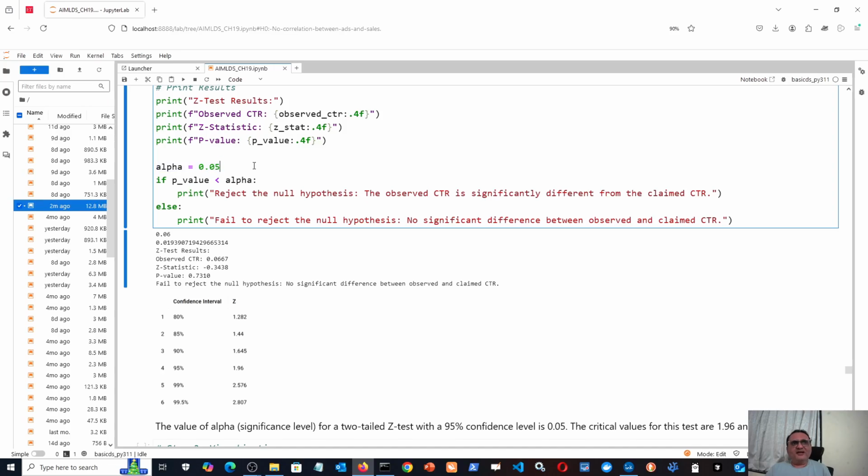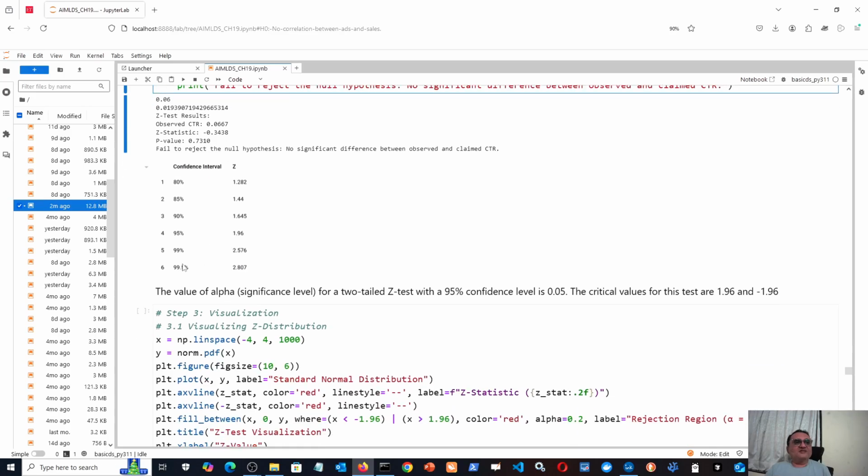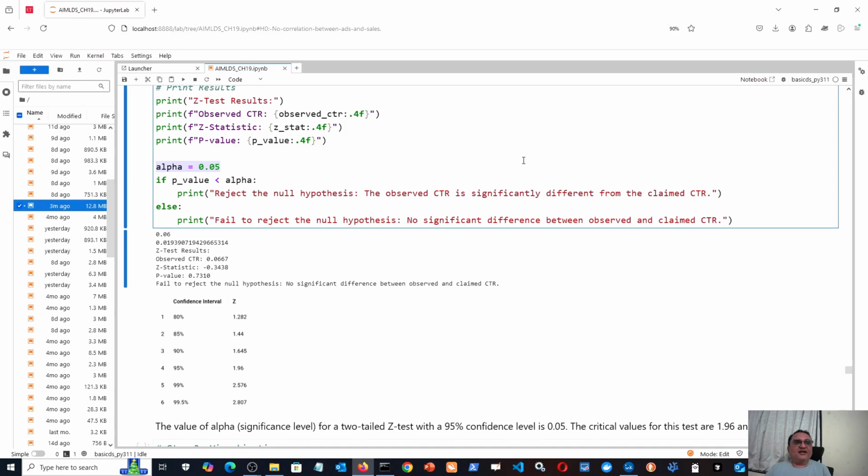It can be different, but I don't want to add the complication, so we will use this as the standard value, right? Now that is because of the 95% confidence interval, so 95 is what? 0.95, and 100 is what? 1. So if you do 1 minus 0.95, what will you get? 0.05. So that is the same thing as alpha being 0.05, right?